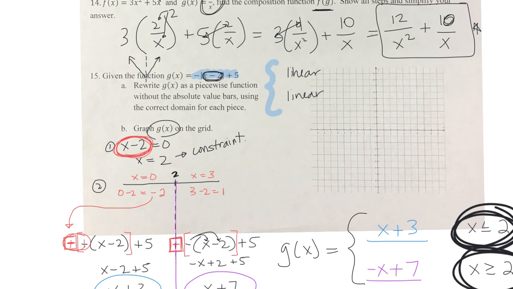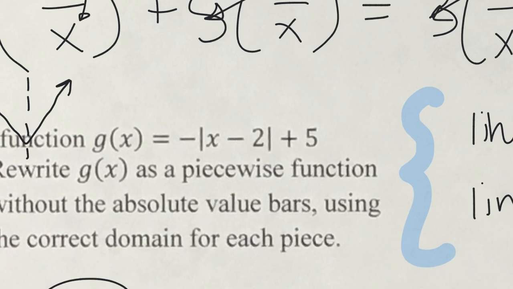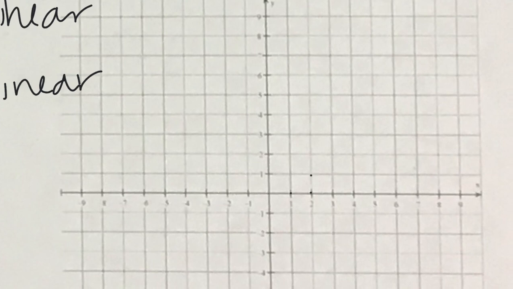So thinking about our transformations, let's think about what these things do to our absolute value graph. So the x minus 2 moves our graph right 2 units, and the plus 5 moves your graph up 5. So from the origin, we go right 2 and up 5.